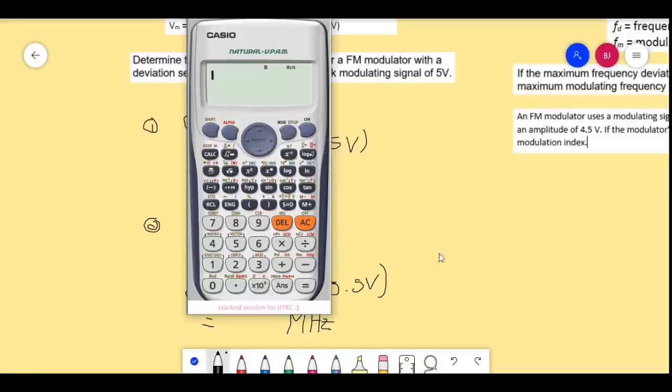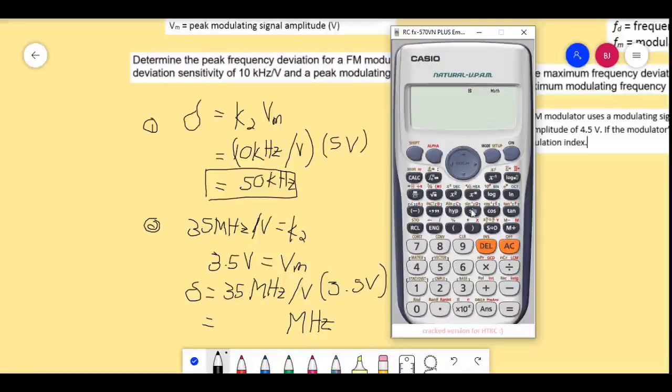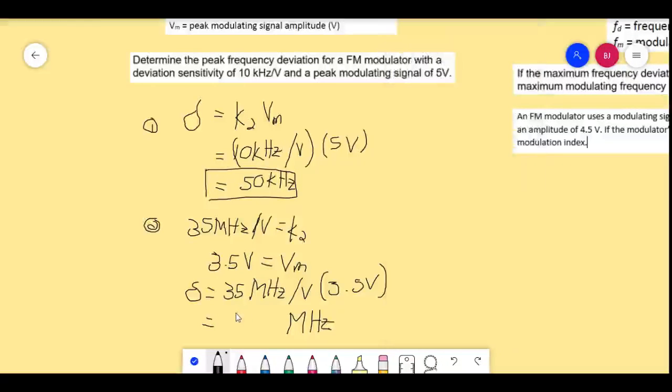So 35 times 10 to the 6, multiplied by 3.5, would be equal to 122.5 megahertz. It's 122.5 megahertz. So it's as easy as multiplying the two of them together.